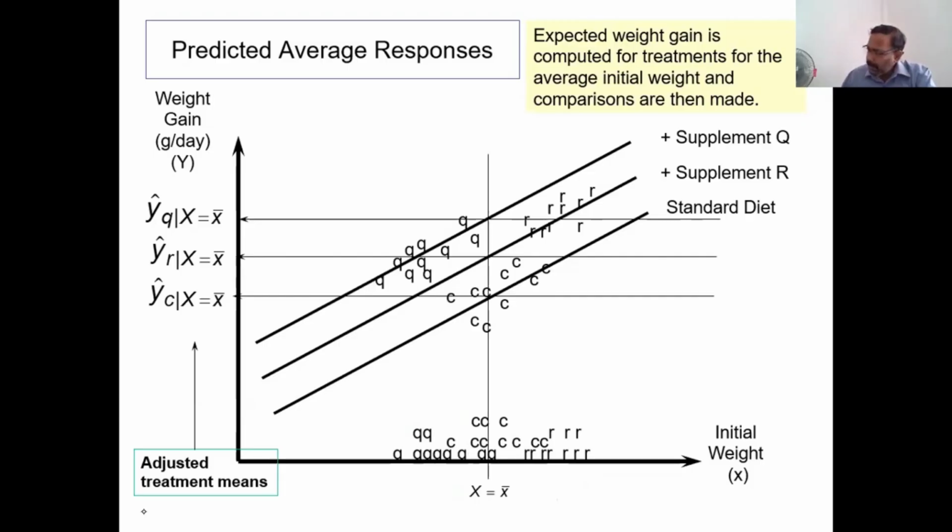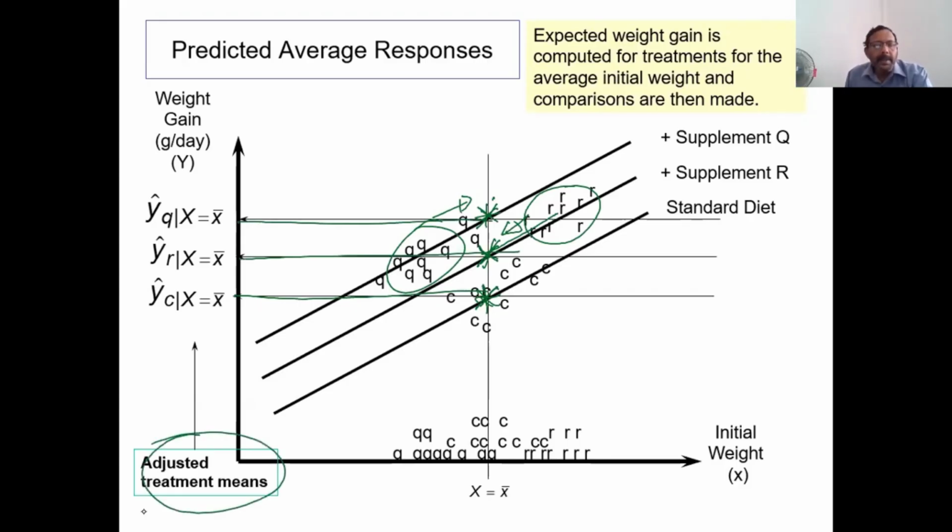So you see here, we are adjusting the values. This value is adjusted according to here, this value is adjusted according to there, and this is already there. This is in this direction, this is in that direction. So we adjust the values. Now everything is adjusted according to the initial weight, so now it is called the adjusted treatment mean.